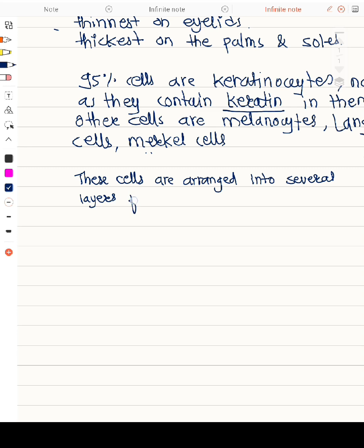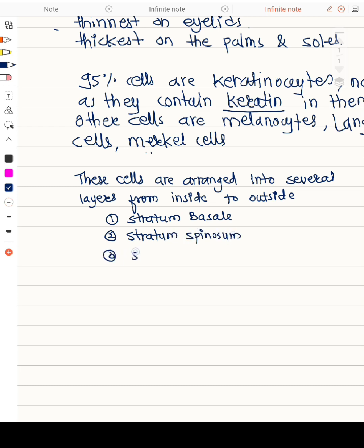These cells are arranged into several layers. From inside to outside: stratum basale, stratum spinosum, stratum granulosum, stratum lucidum, and stratum corneum.